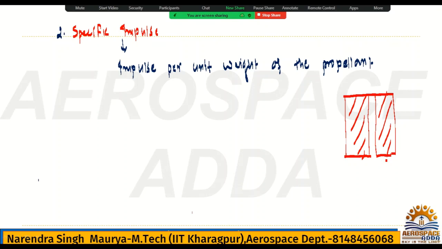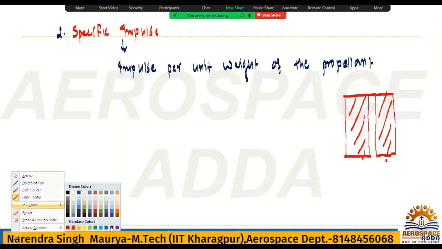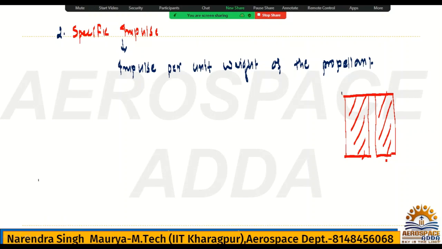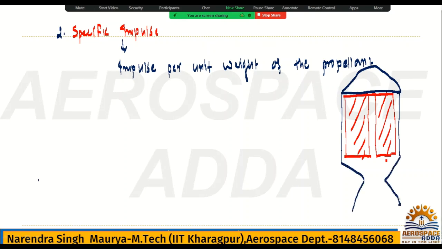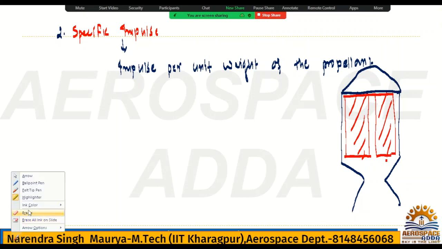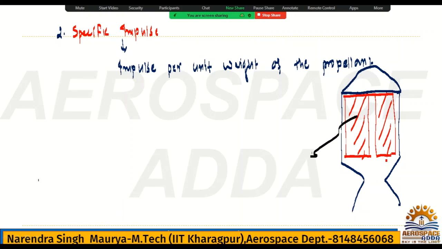Now for this, suppose it is in a casing. Whatever the mass of this propellant, once it starts burning, it is nothing but m dot p, the mass flow rate.